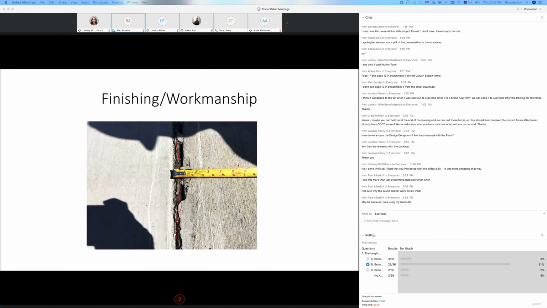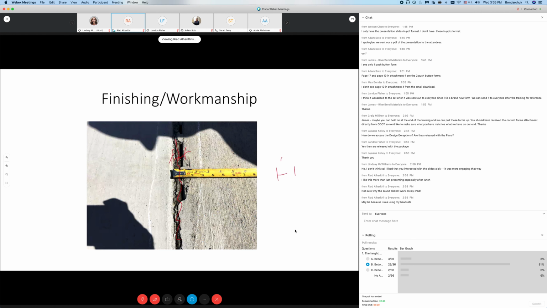Again, these are creating gaps and horizontal gaps. Remember the horizontal gap based on the RD 722 should be no more than half an inch in width, and vertically should be 0, flush.